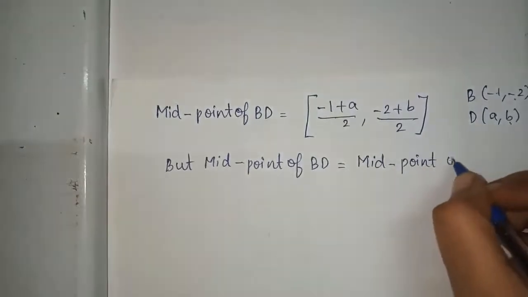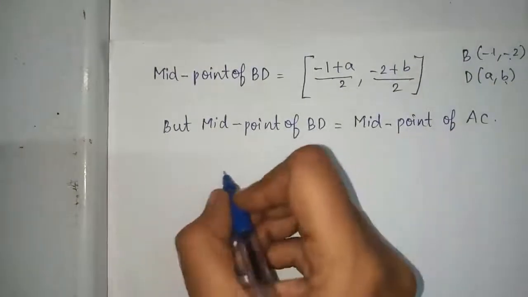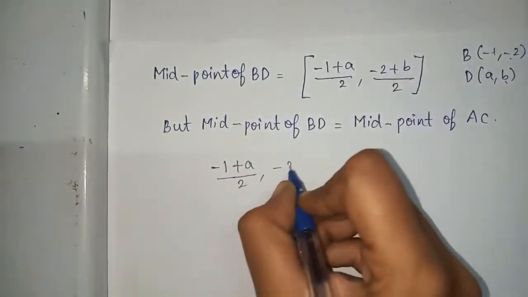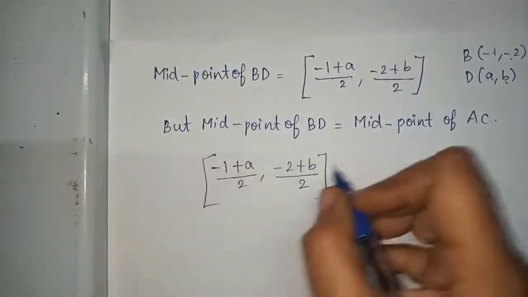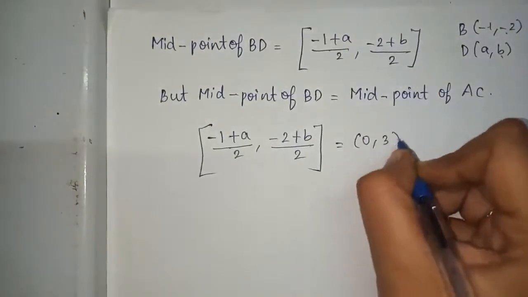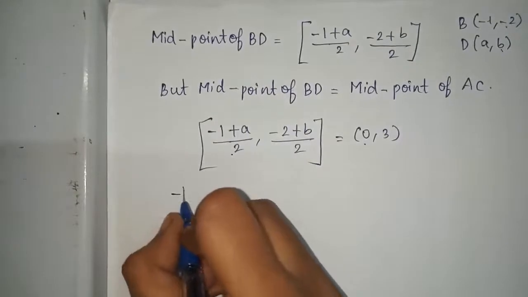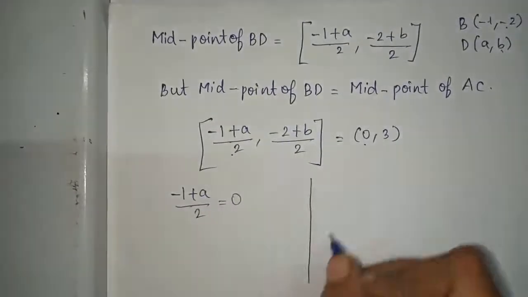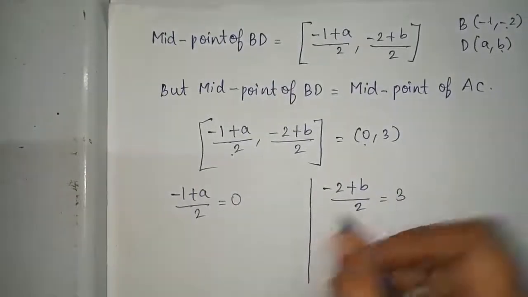So we are just going to equate the two coordinates. The midpoint of BD, ((-1 plus a) divided by 2, (-2 plus b) divided by 2), is equal to the midpoint of AC, which is (0, 3). Just equate the x and y coordinates separately. So (-1 plus a) divided by 2 is equal to 0, and (-2 plus b) divided by 2 is equal to 3.